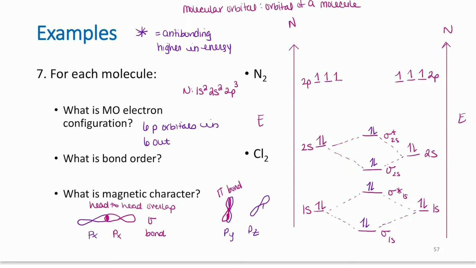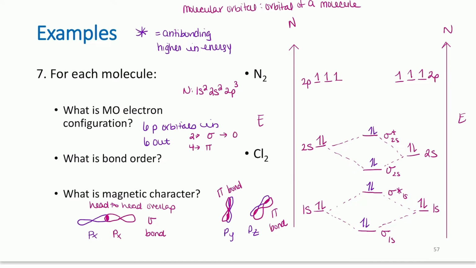And if 2 pz orbitals overlap, this is also side-to-side, so also a pi bond. So 2p, we have 3 p orbitals from each side that go in. So 6 p orbitals in, 6 p out, but 2 form sigma, and the other 4 form pi.